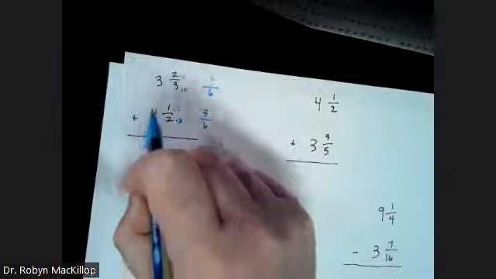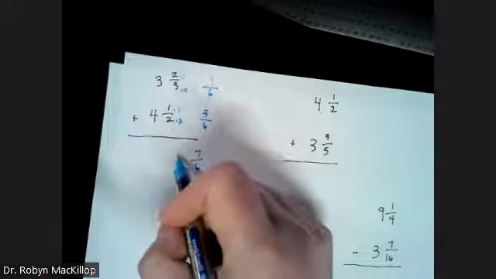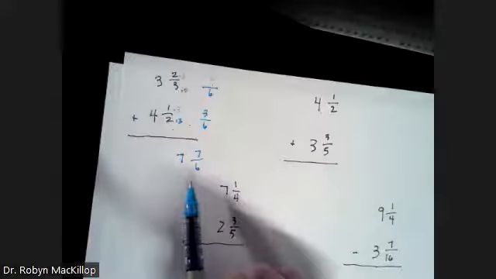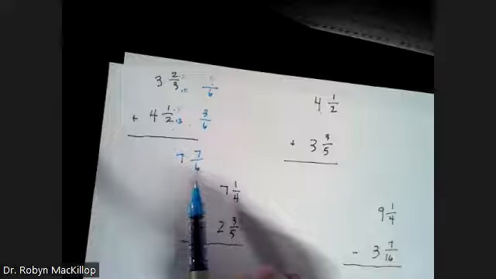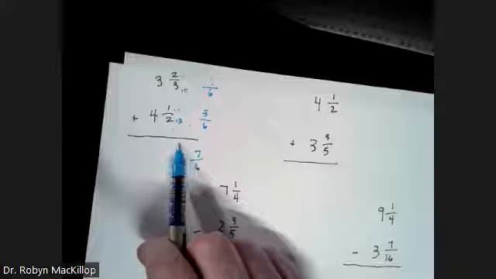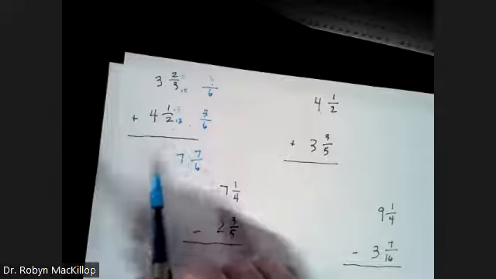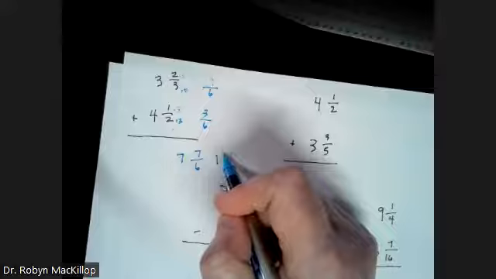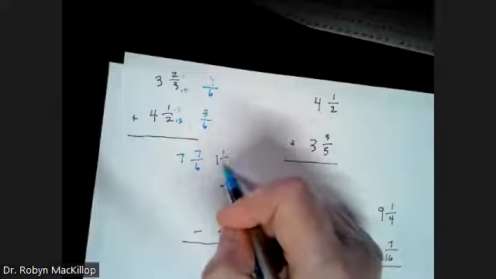And then we're going to add the whole numbers. 3 and 4 is 7. Now, this is an improper fraction, which needs to be reduced to a mixed fraction in and of itself. So ignore the 7 and change that into a mixed fraction. 7 divided by 6 is 1, remainder 1 over 6.